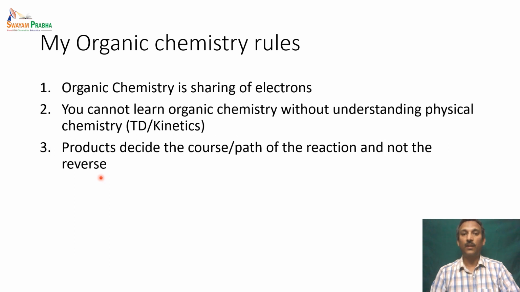Say for example, aromatic nucleophilic substitution happens, but it doesn't happen via SN1 or SN2 mechanism, which is the prevalent one which we follow in aliphatic systems. So nucleophilic substitution does happen in both aliphatic systems and aromatic systems, but they follow different paths.